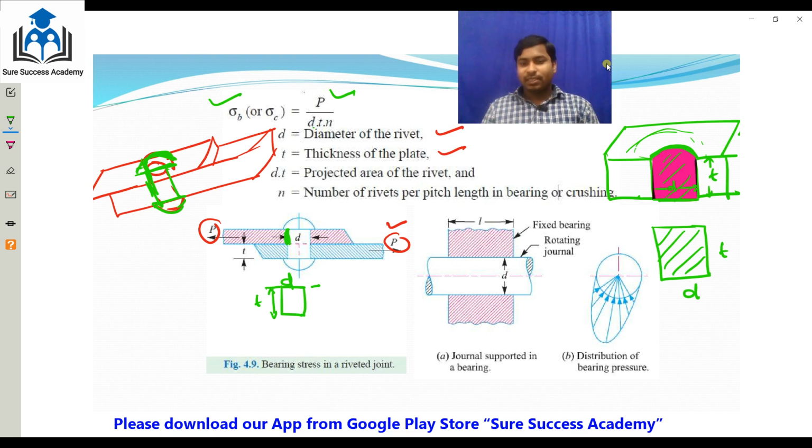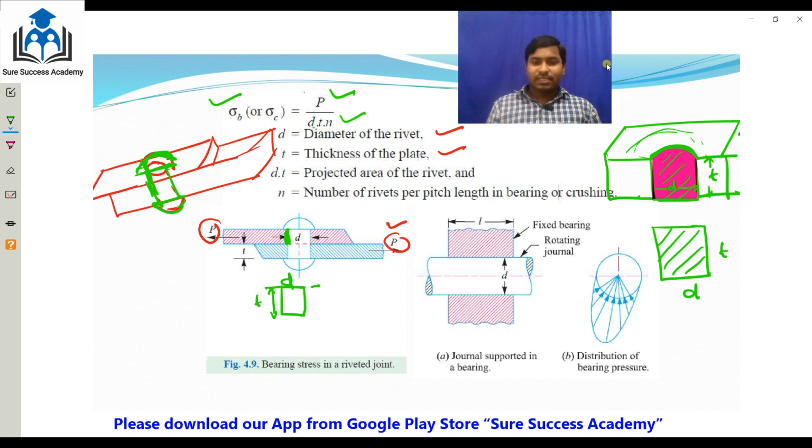Suppose the number of rivets is 2, then you multiply by 2. Just as the shearing resisting area doubles when the number of rivets doubles, here you multiply by the number of rivets.